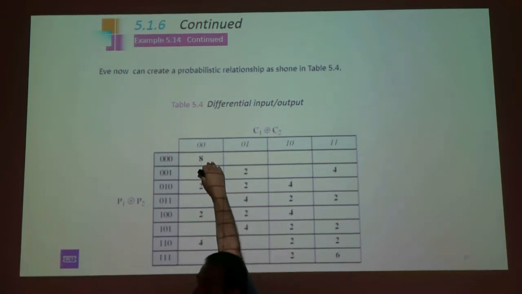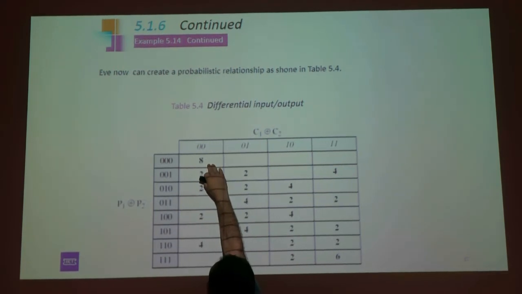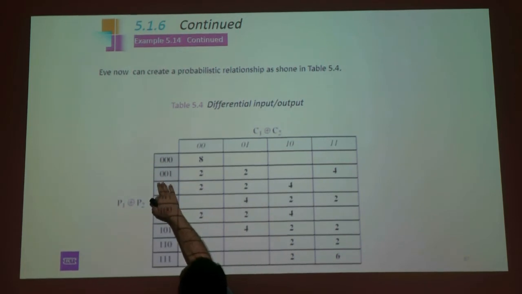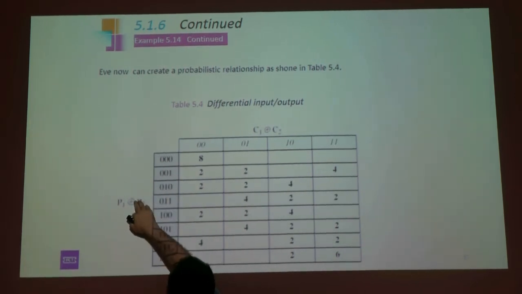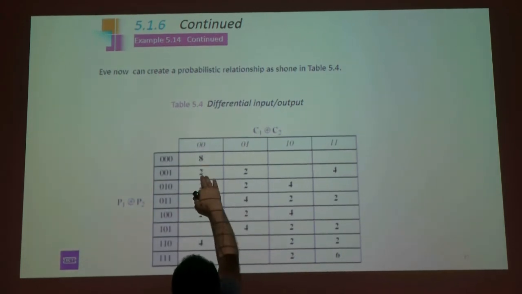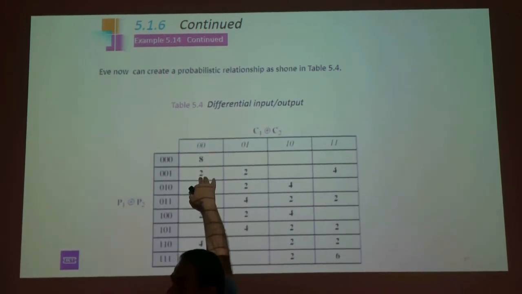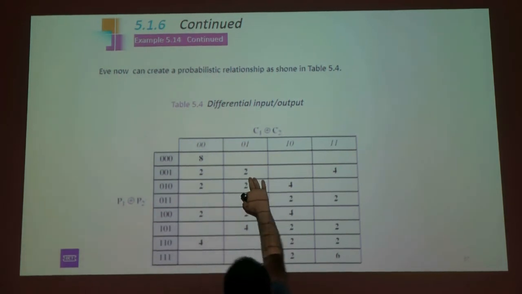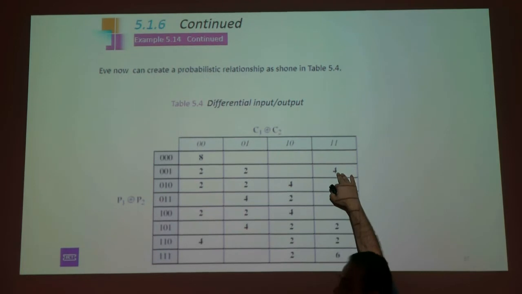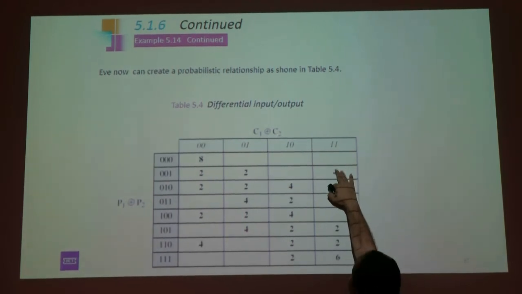If, for example, I have the plain text 0, 0, 1, I have 25% that the cipher will be 0, 0, and 25% will be 0, 1, and about 50% will be 1, 1.